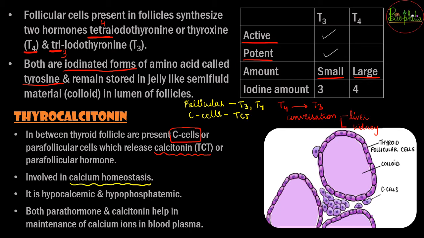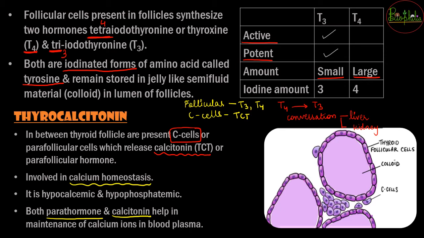That is maintained by two hormones: parathormone, released from the parathyroid gland, which we will see next, and calcitonin, which we are seeing here, coming from the C cells of the thyroid gland. So these two hormones, parathormone and calcitonin, are used for the maintenance of calcium ions.